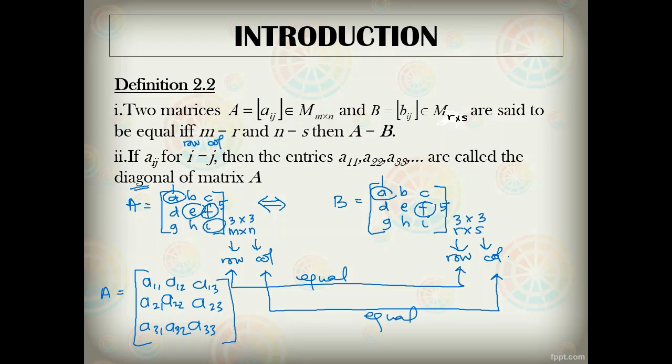Okay, so you see here the i and the j are equal, so i equal to j. When i is 1, j is also 1. When i is 2, j is also 2. When i is 3, the third row, j is also the third column. So all these elements are the diagonal of matrix A.